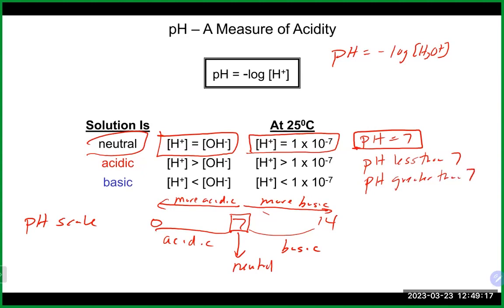Now, speaking of using our calculators to calculate this, let's try one. Actually, let's first talk about sig figs in a pH type of calculation.